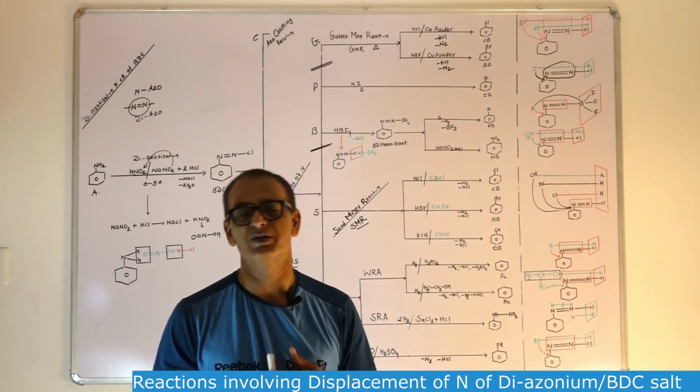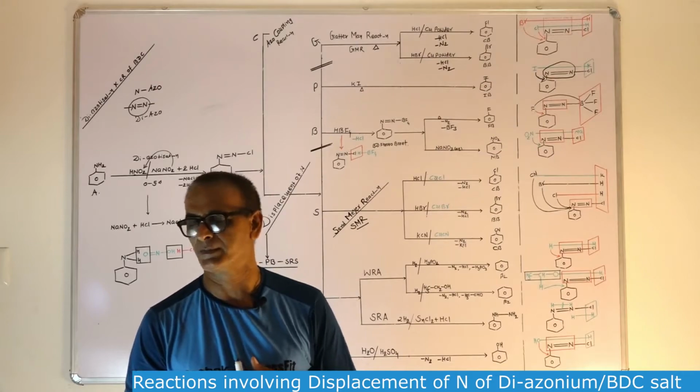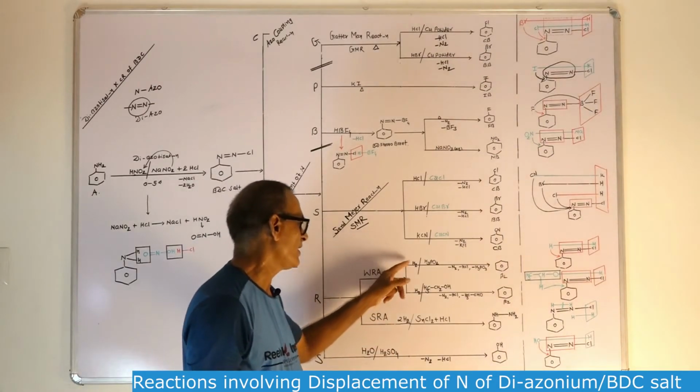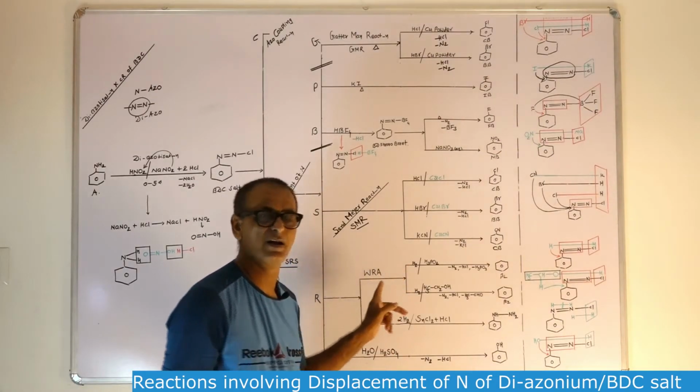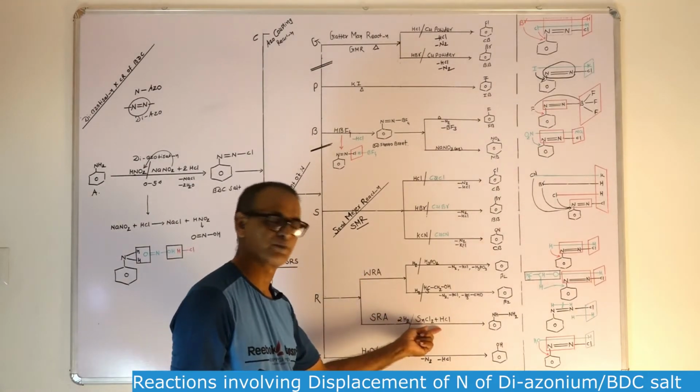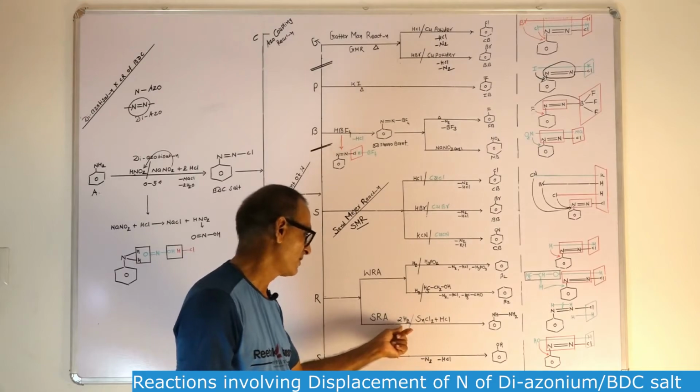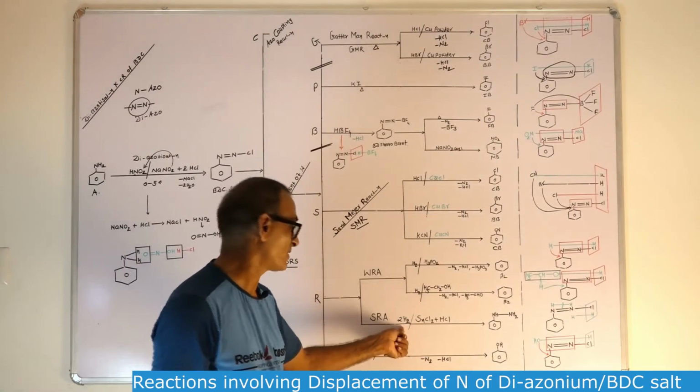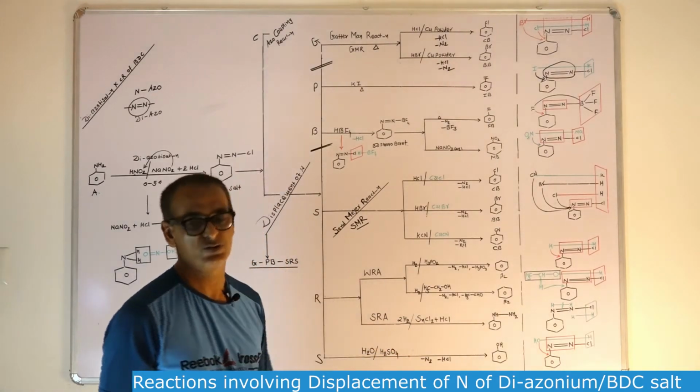Otherwise, you can say by using the weak reducing agent, only one hydrogen is to be added in a substrate. When we use a strong reducing agent, at that time two hydrogen atoms are added to the substrate.